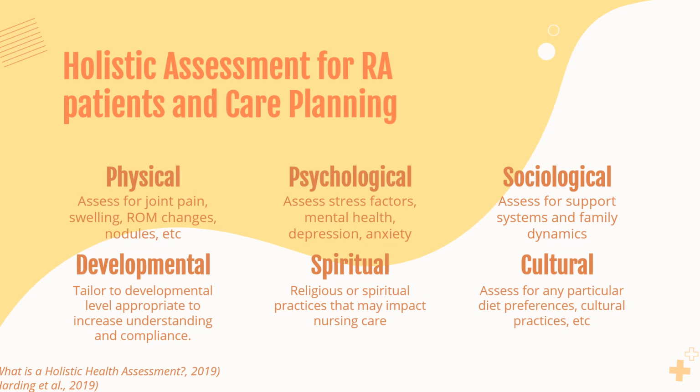Your psychological assessment should assess for stress, mental health issues such as depression or anxiety. Sociological assessment should identify patients' support systems and certain family dynamics that may affect their care.